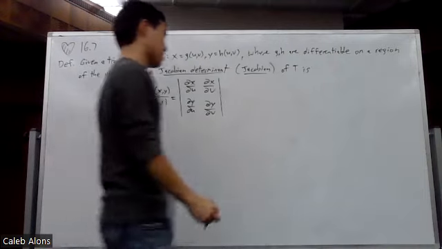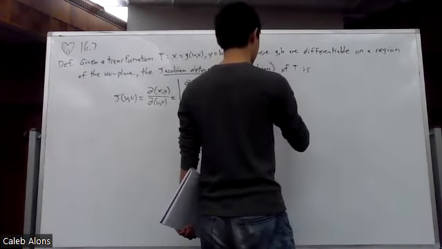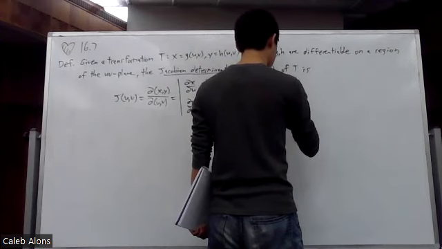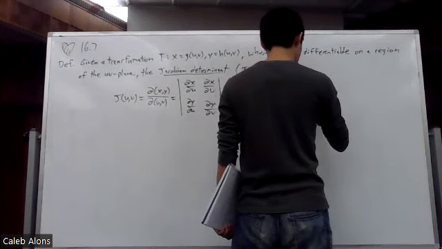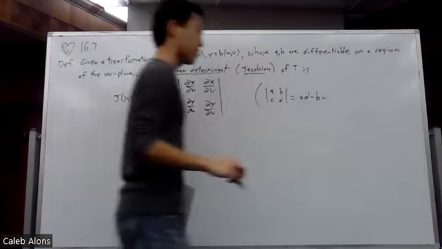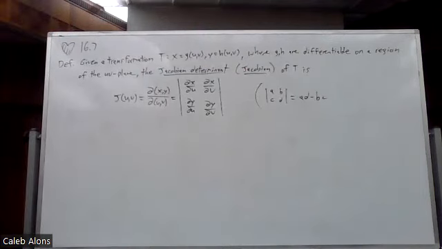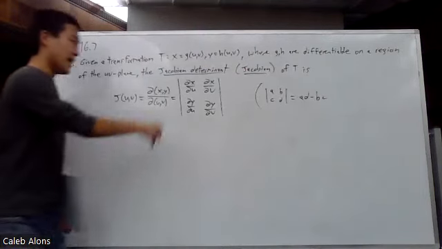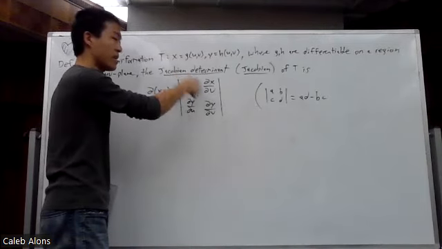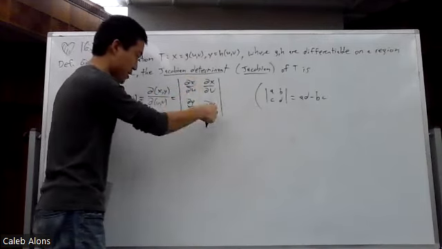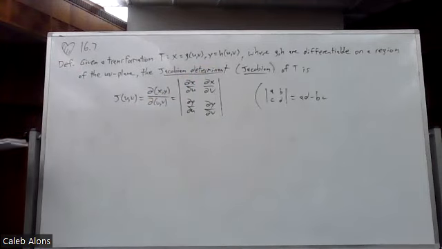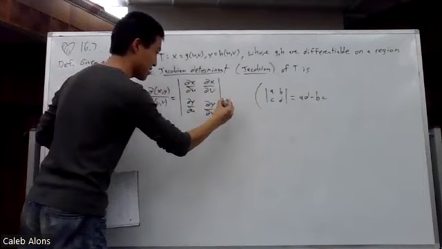In general, for the sake of having it on the whiteboard as a refresher, if you have the 2x2 determinant A, B, C, D like this, you compute that by taking the product of this diagonal and subtracting that diagonal. So AD minus BC. The A in this case happens to be a whole partial derivative, but that doesn't matter. The idea is the same. You'll figure out what these are, and then you'll multiply and then subtract the product of those. Okay. So it's nothing crazy.